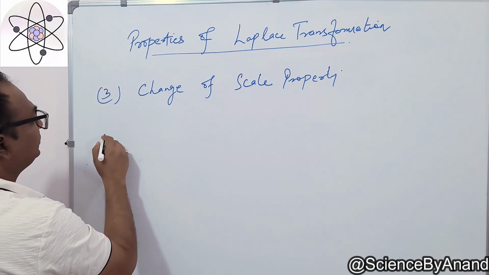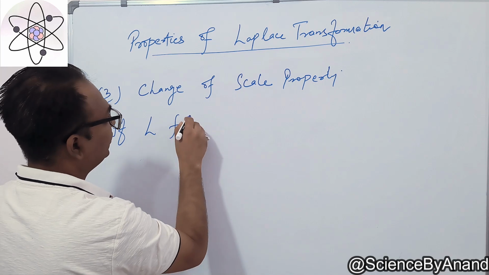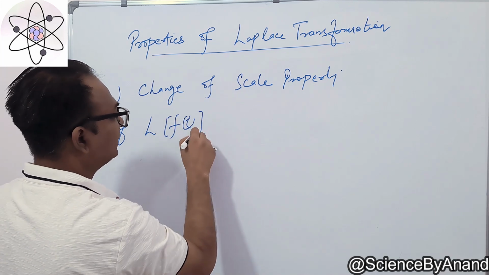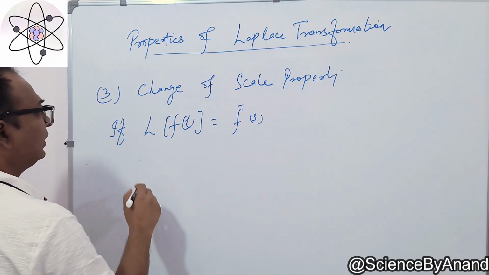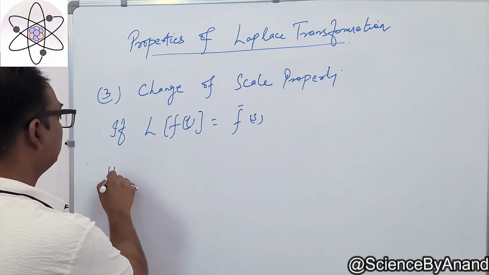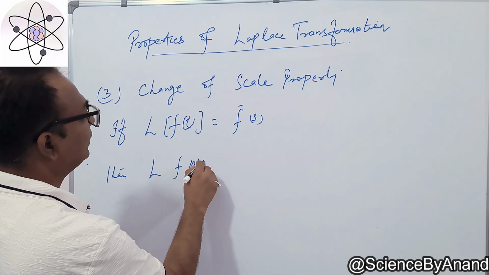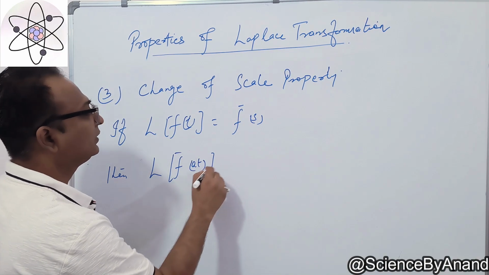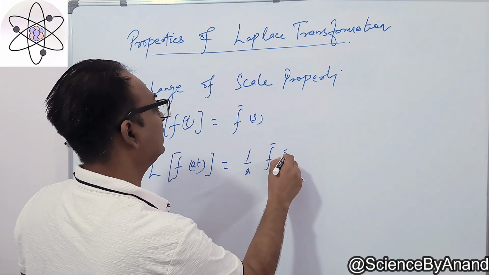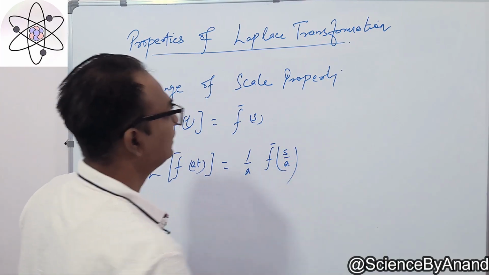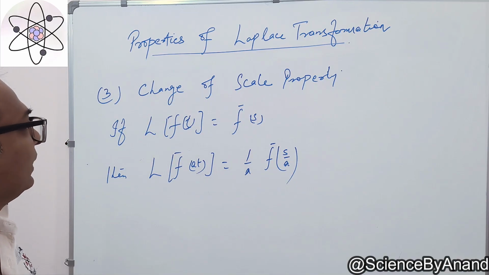It says if the Laplace transform of f(t) is F(s), then the Laplace transform of f(at) will be equal to 1 by a times F(s by a). This is the third property, which is the change of scale property.